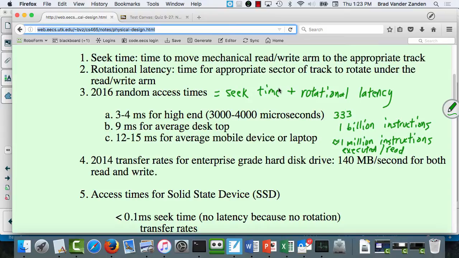And then you see transfer rates. Actually, I did not get an updated figure for that. So even if you were just sitting at the same spot with the read-write head and reading continuously, you could transfer about 140 megabytes per second from an enterprise-grade hard disk.